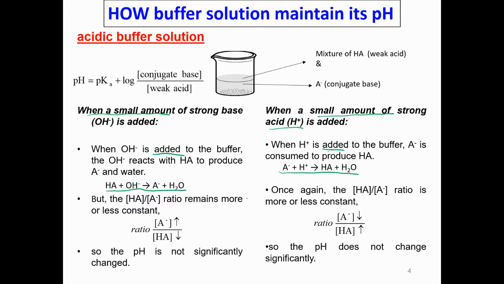Then after that, you have to mention that the ratio remains more or less constant, and show the ratio. Finally, you have to mention that the pH is not significantly changed. So this is how you explain it.